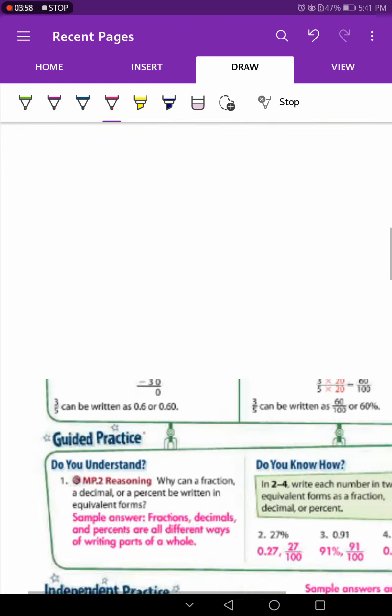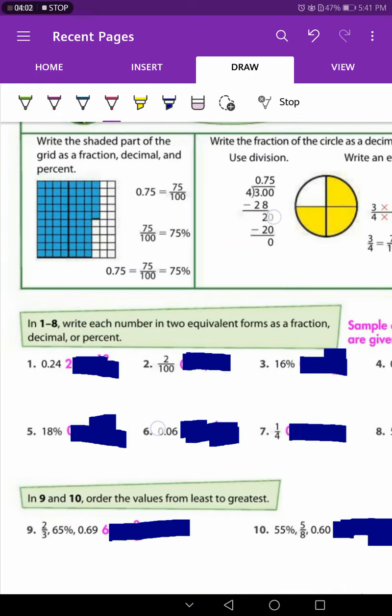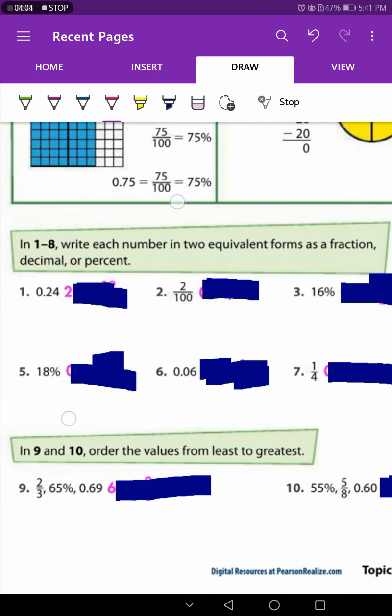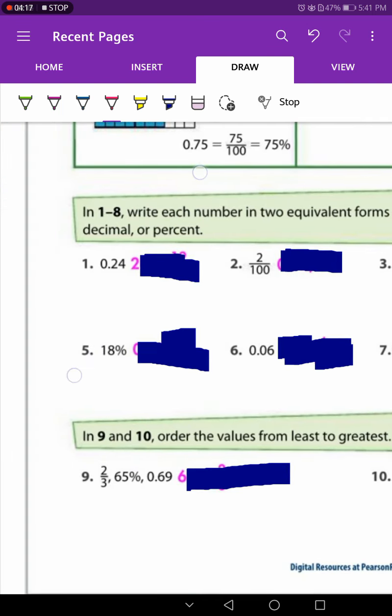Now let us move to the homework part here. Okay. Read the question, Yaman. In 1 to 8, write each number in two equivalent forms as a fraction, decimal or percent. So in question number 1, I have it as a decimal, yes? Can you read it, Yaman? 0.24.